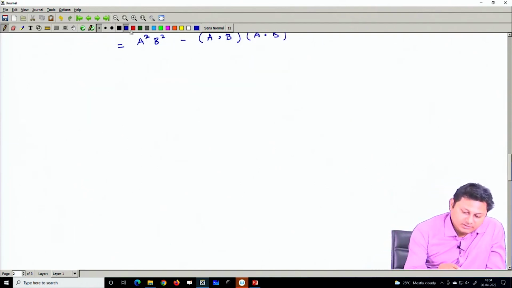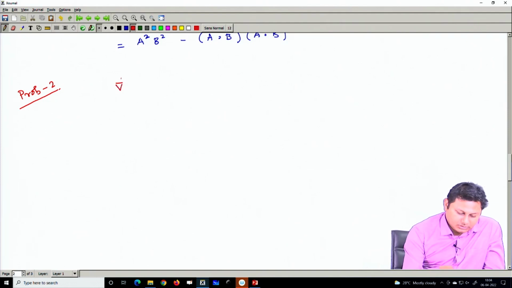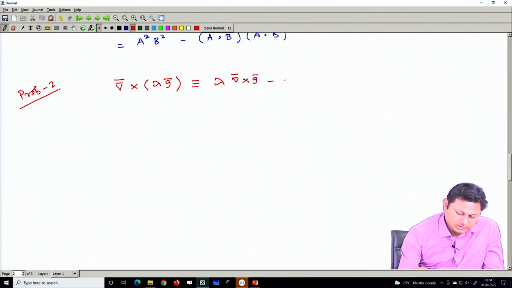The next problem is problem 2. So, problem 2 is saying that if I have curl of lambda g, where lambda is a constant, then this quantity is equivalent to grad lambda cross g minus g cross lambda.